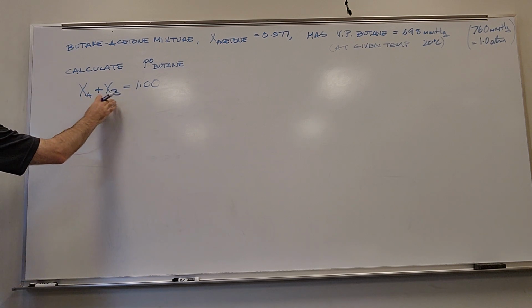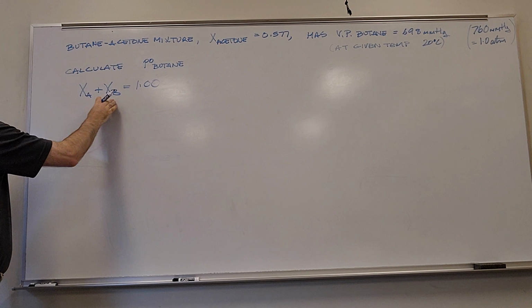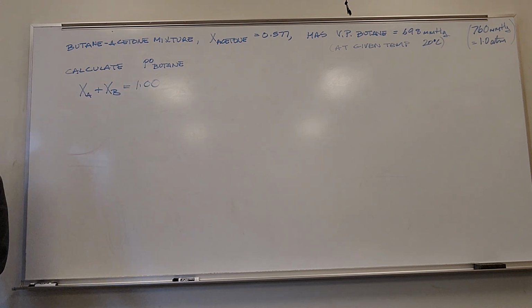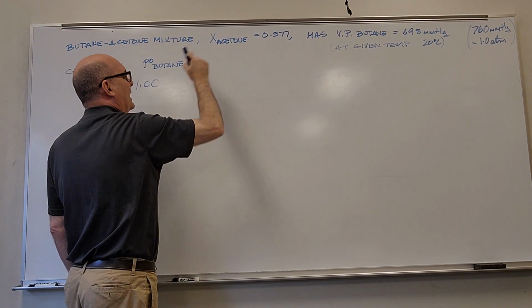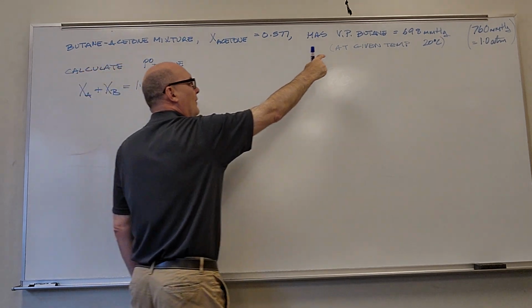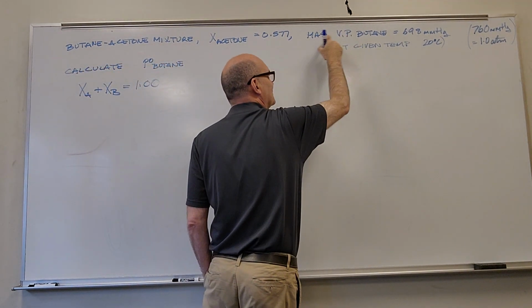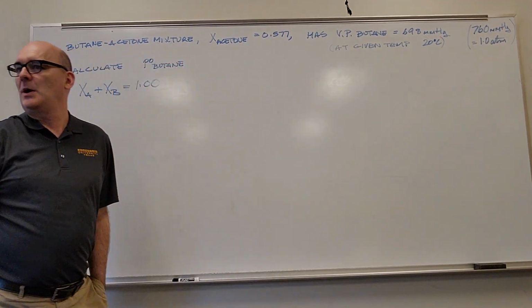I have two things in solution, and when I count them up, they have to sum to 1. So what am I going to find? The mole fraction of butane. Because I have that number, but I've got that number, and these two numbers don't match. They're for the different components.